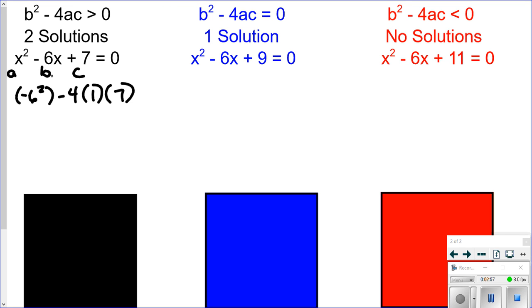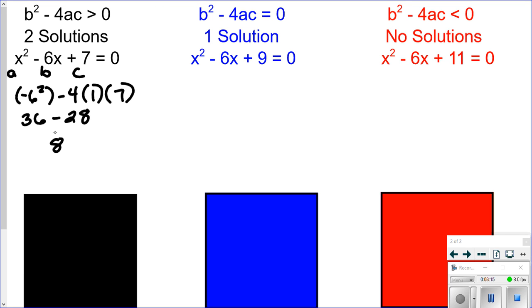All I did was plug in 1, -6, and 7 for a, b, and c. So -6 squared is +36 minus 28. And 36 minus 28 is 8.